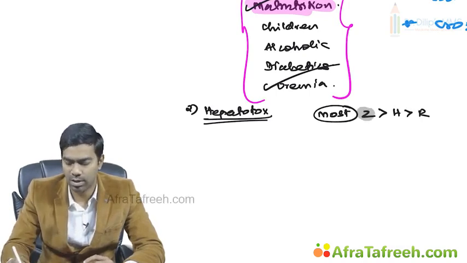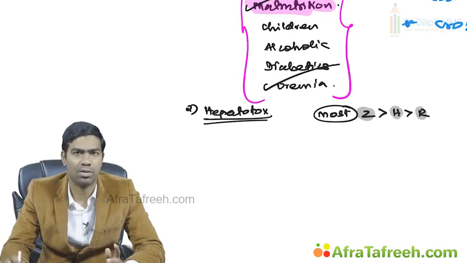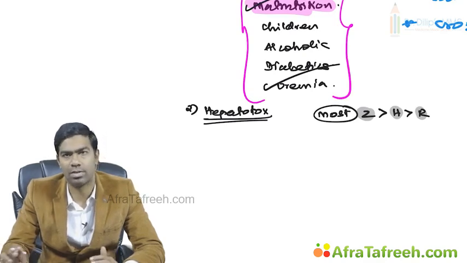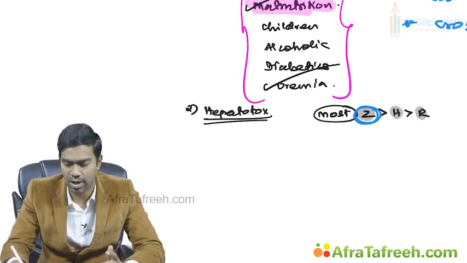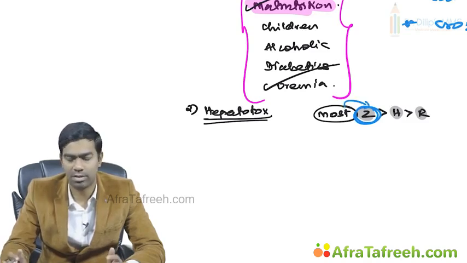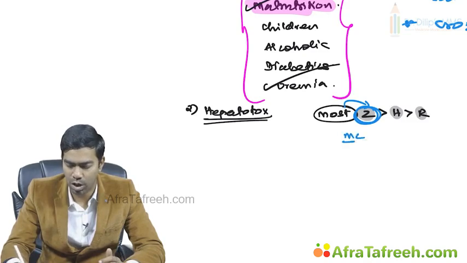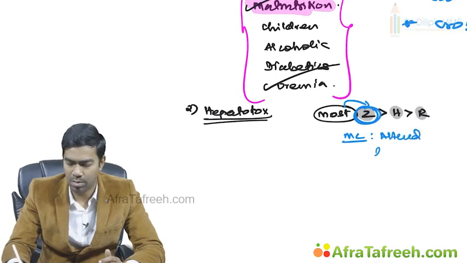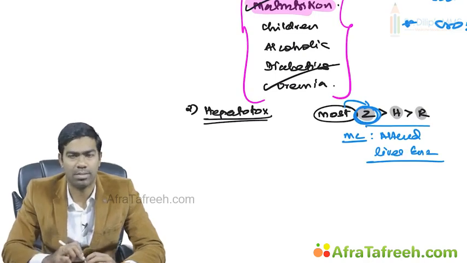So this is considered to be the order, even though some textbooks will give a different order with respect to isoniazid and rifampicin, but I believe this is the order, and pyrazinamide always is the most hepatotoxic drug among the first line drugs. At the same time, it is the most common drug to result in altered liver enzymes after starting antitubercular therapy.